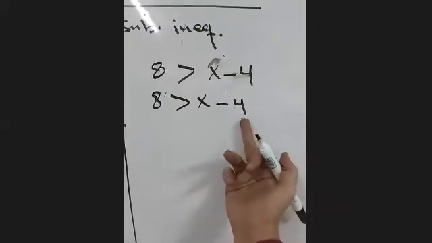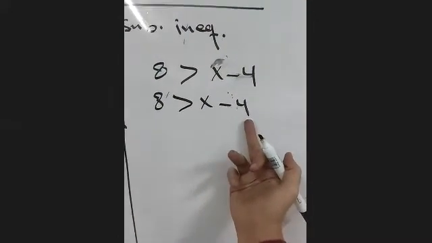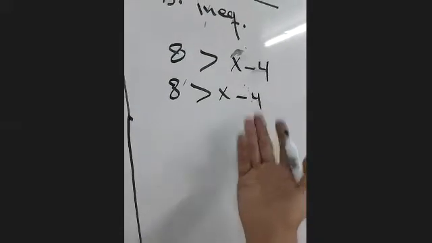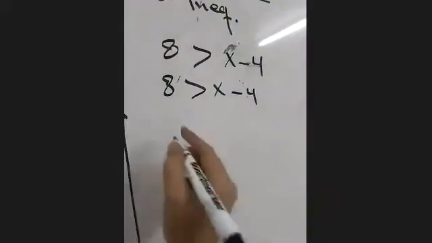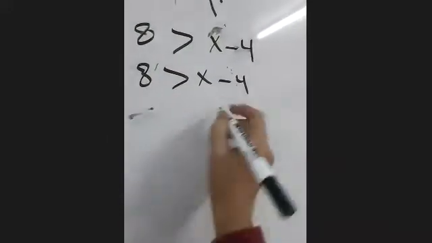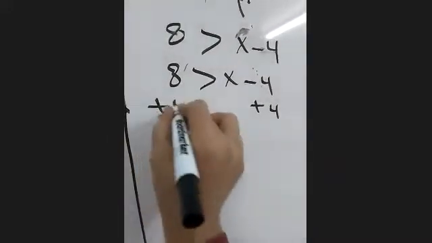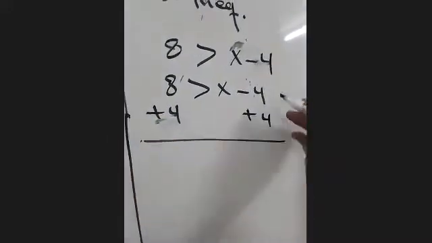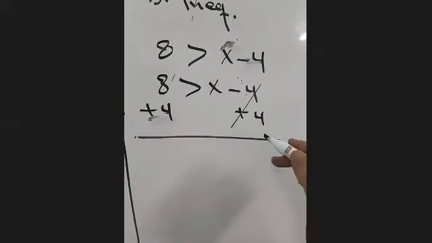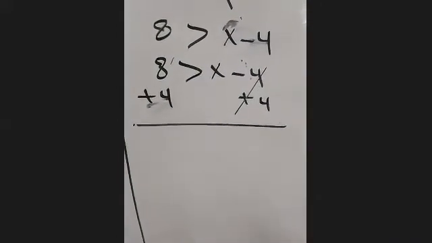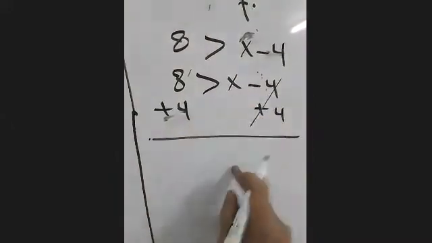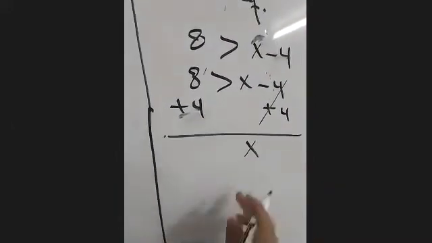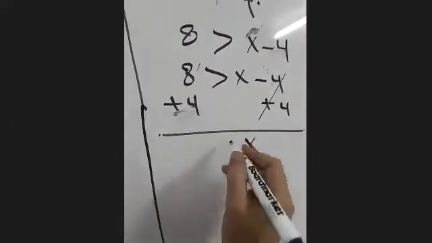And the connected number is minus 4. If we have subtraction, we add the connected number in both sides. So here we will do plus 4, put a line, then minus 4 plus 4, they are gone. Still x. And this inequality comes down.